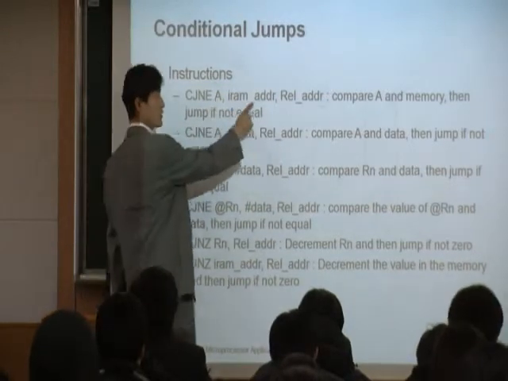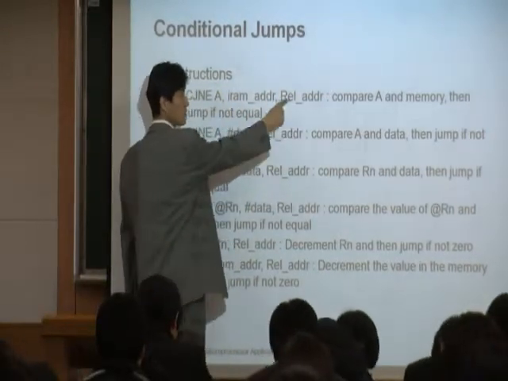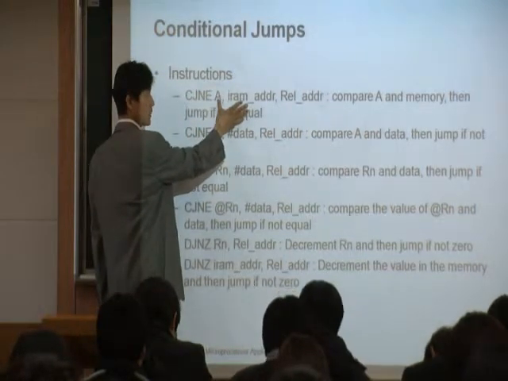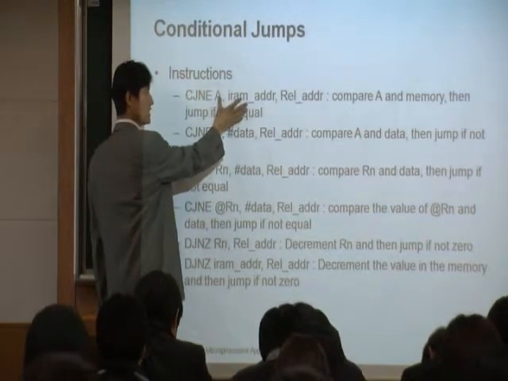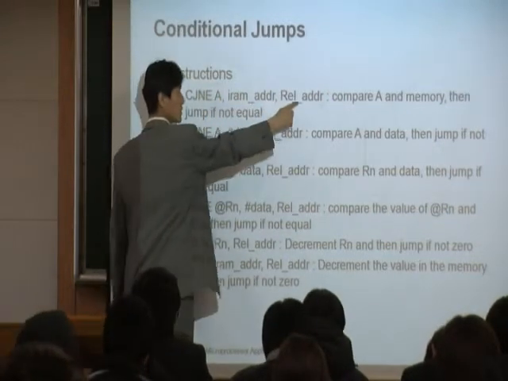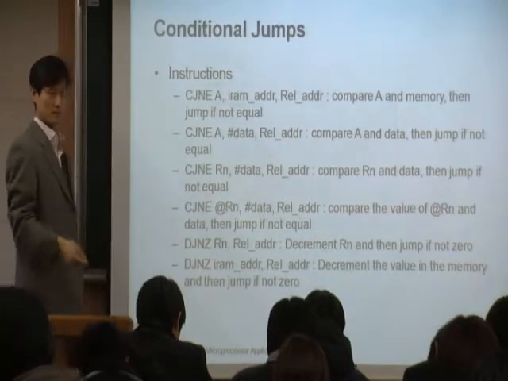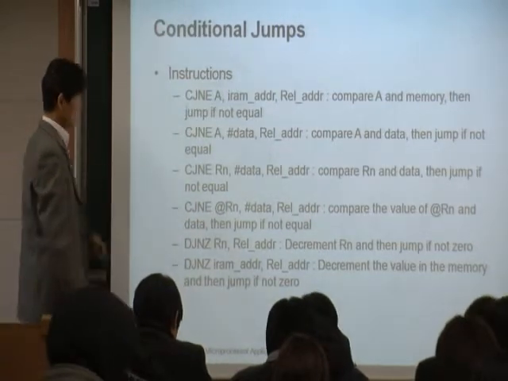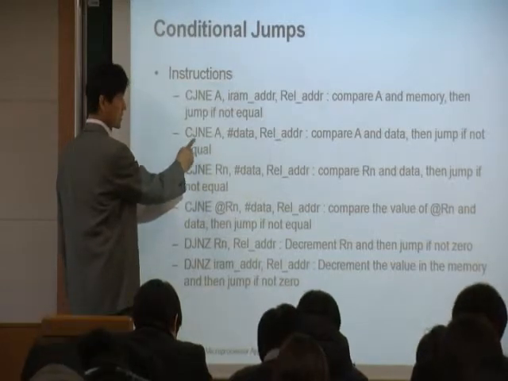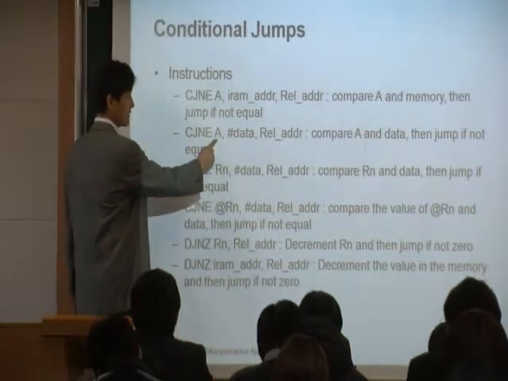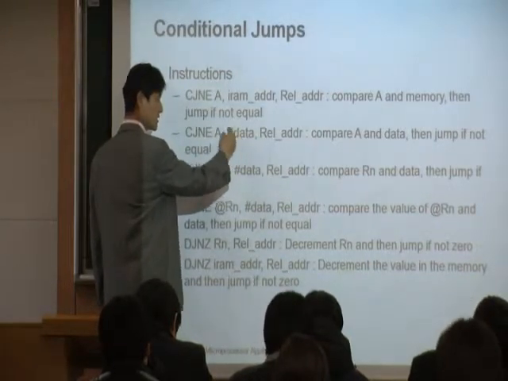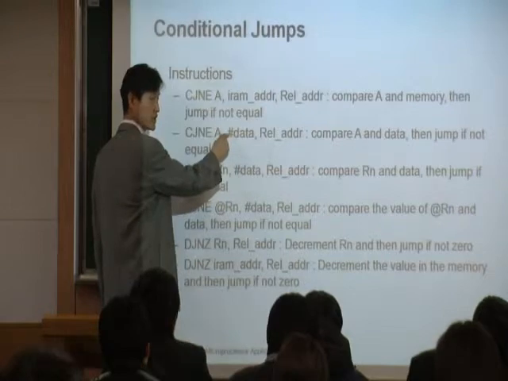In this case, you have 3 operands, right? So 3 operands. You want to compare this one with this one. And when you compare these 2, if those 2 are not equal, then jump. Jump to this one. This one and this one are actually the same. So compare, jump, not equal. If A is not the same as data, in this case you see that you have a hash key, right?